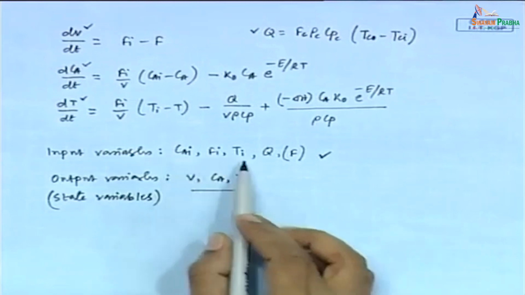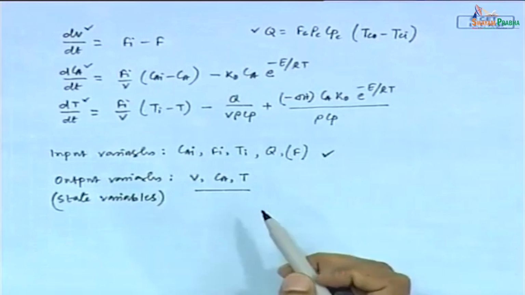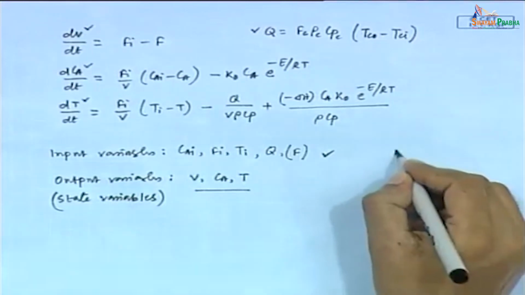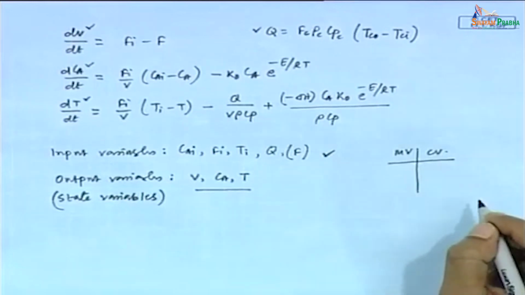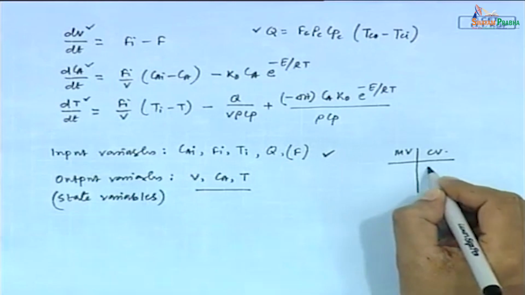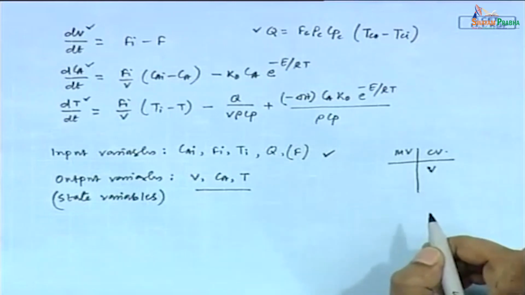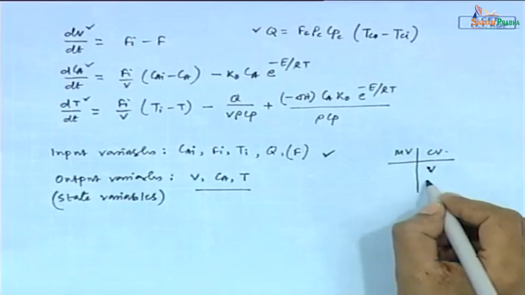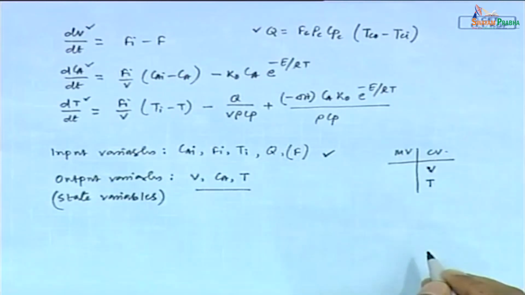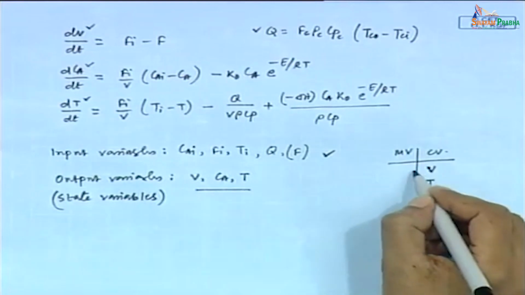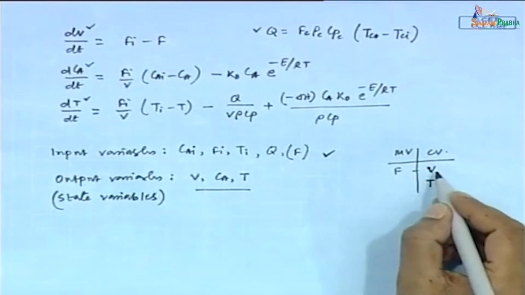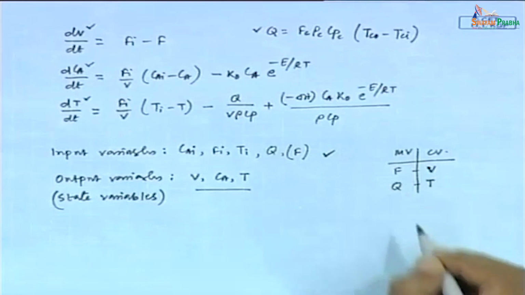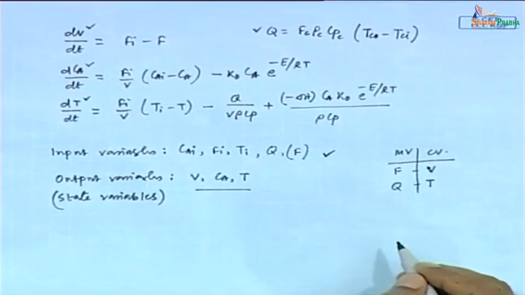Now, among these input variables, which are the manipulated variables? For the example CSTR system, if we consider liquid volume as one control variable, and another one say temperature, the corresponding manipulated variables are F for V and Q for temperature.